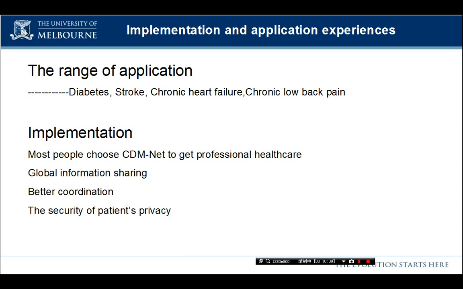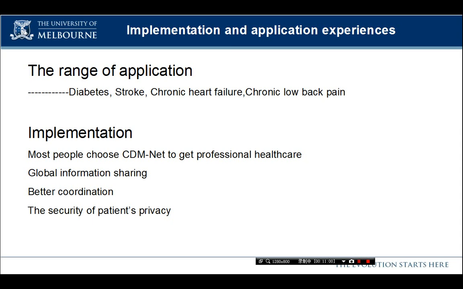The chronic disease management network is used widely and is suitable for many diseases such as diabetes, stroke, chronic heart failure, chronic low back pain, and so on.